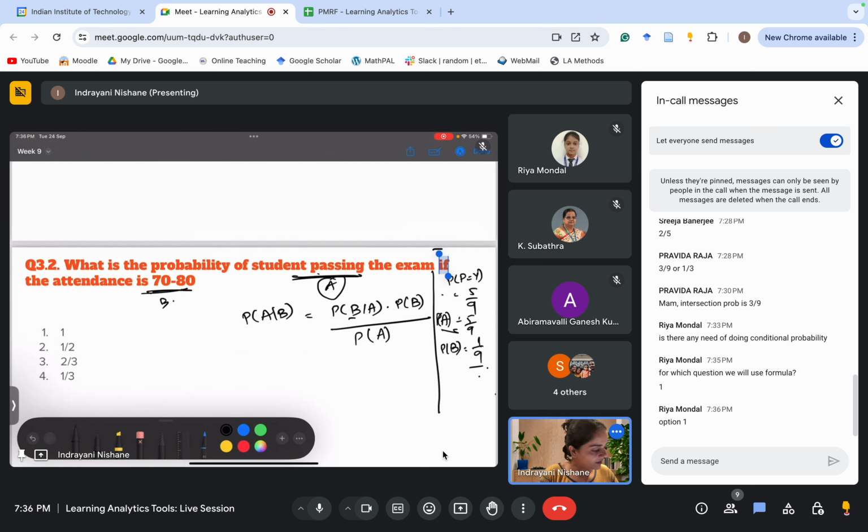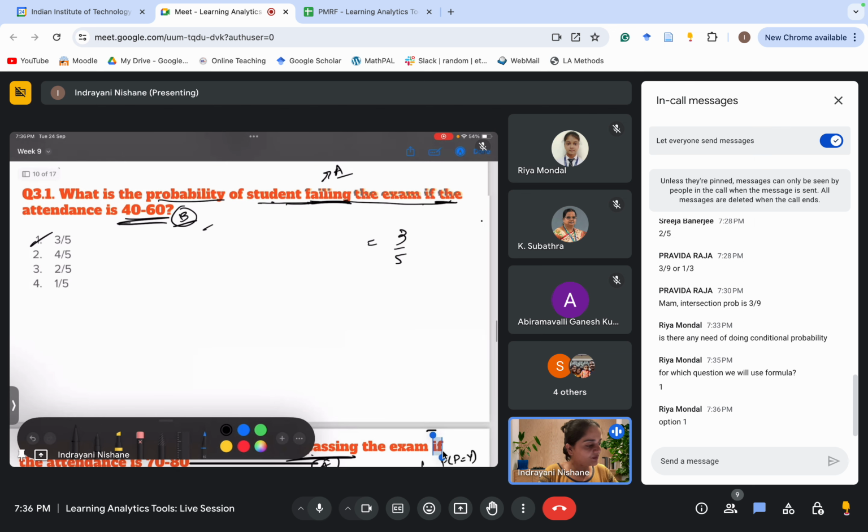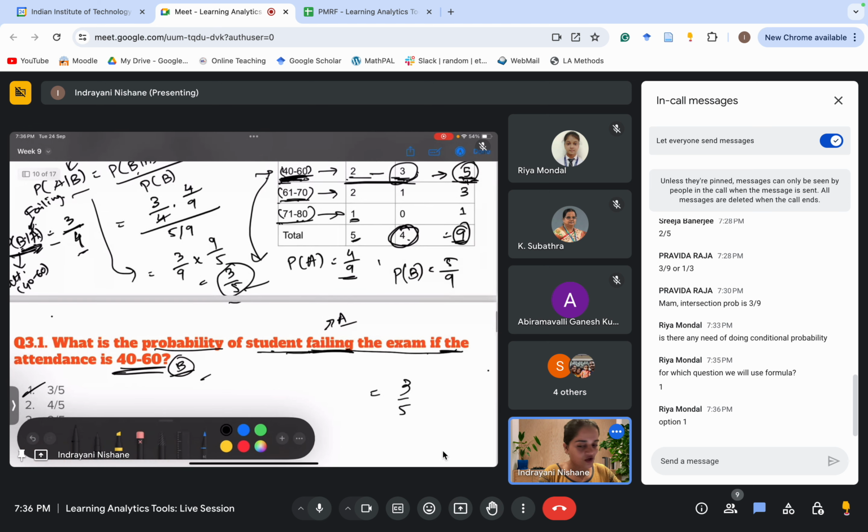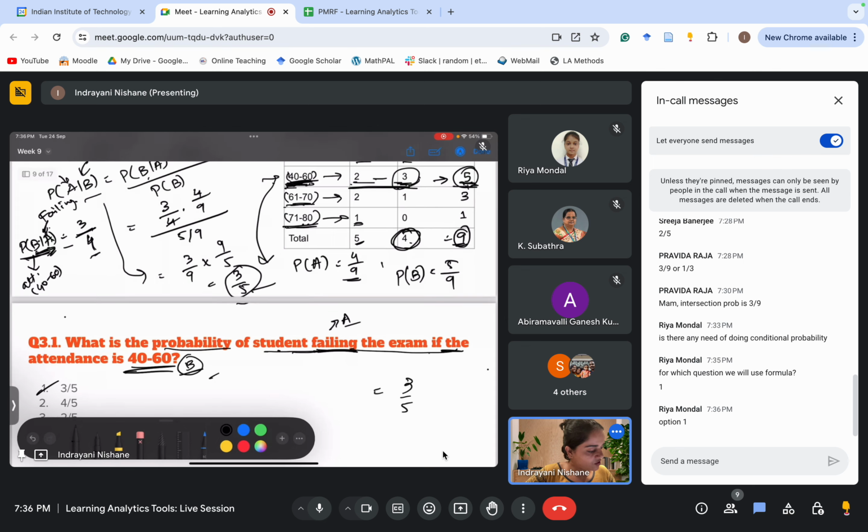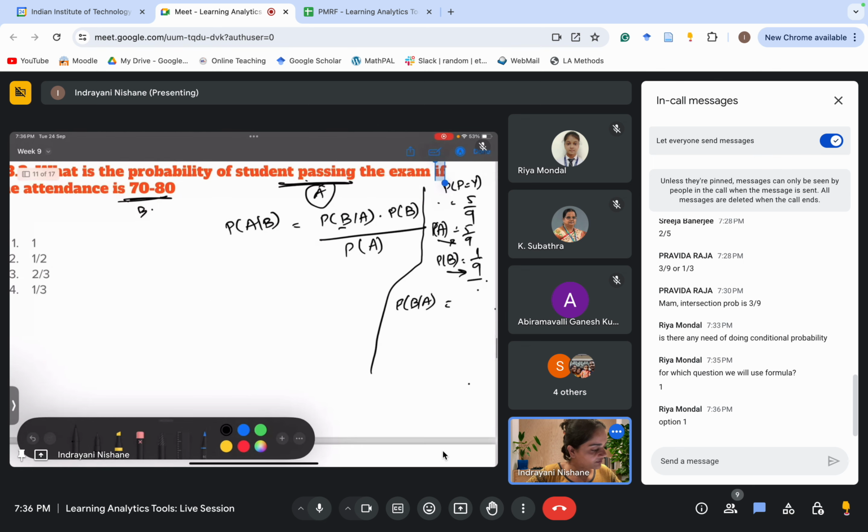So this is the probability of B. Now the probability of B when A has occurred: passing has already occurred, and 5 students have passed. Out of those 5, how many students have attendance between 70 to 80? So this will be 1 out of 5.